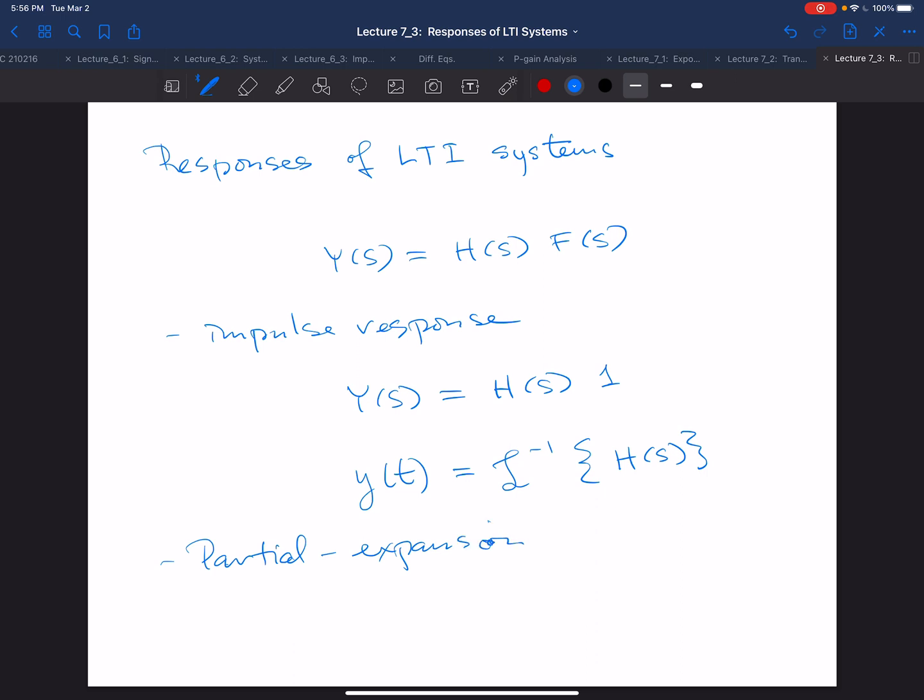And to do this, we factor the denominator of H(s), assuming H(s) is rational. So we'll get one factor for every root of the denominator, and the roots of the denominator are once again called the poles.